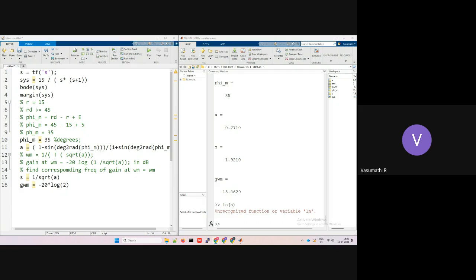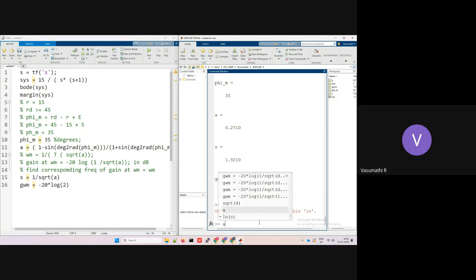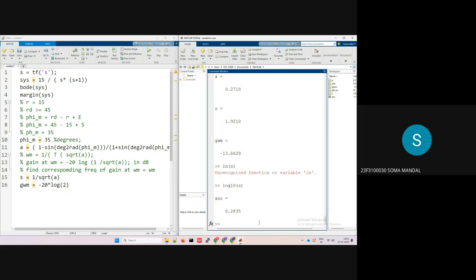So how can we calculate log then? Anything like log 10? Ma'am, in MATLAB, log is using an e base. log 10, I think it is.